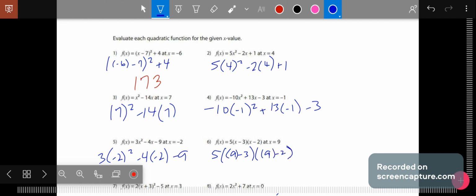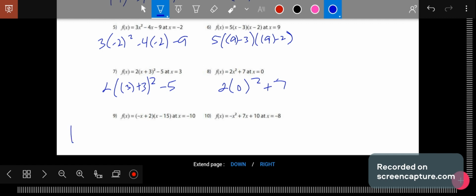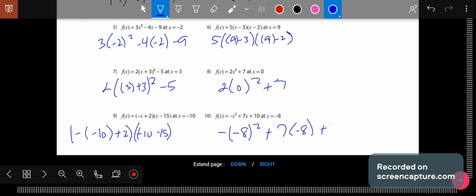And again, put that in the calculator so you can find your answer there. 2 times 3 plus 3 squared minus 5. 2 times 0 squared plus 7. Then we have negative times -10 plus 2 times -10 minus 15. Finally, we have -8 squared plus 7 times -8 plus 10.